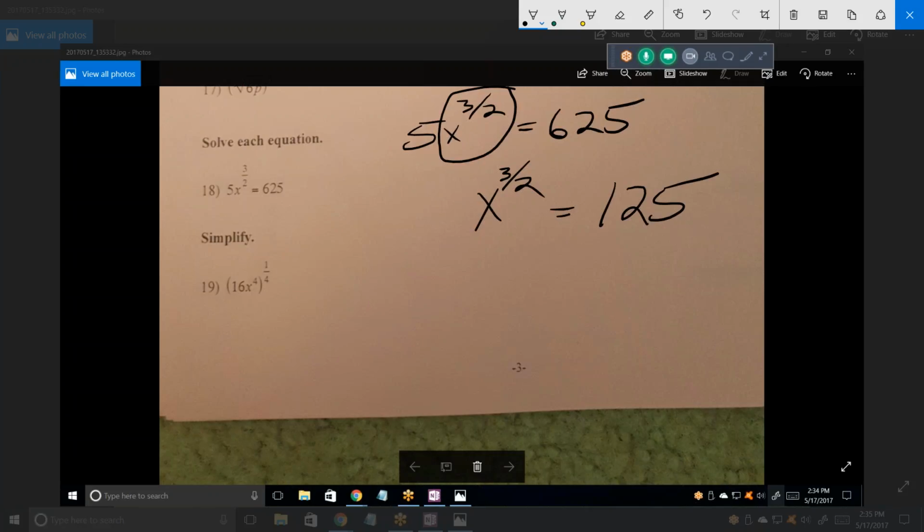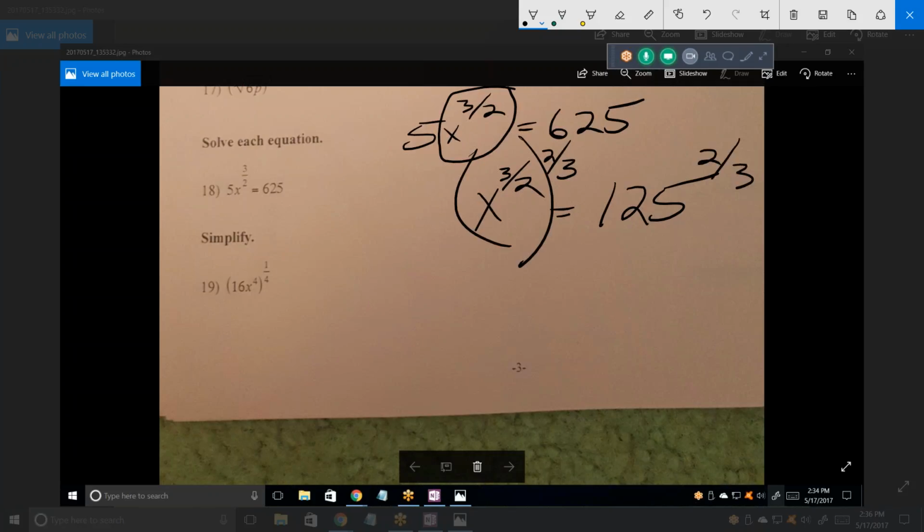And how do I solve that? You would have to cube each side, or square it and then take the third root. Yeah, the easy way to think about this is to take the reciprocal.